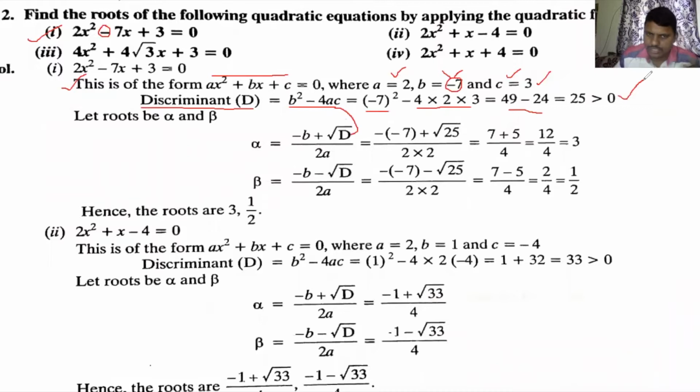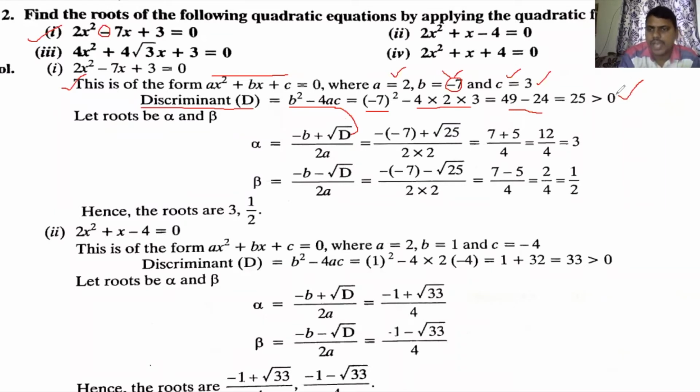Because I told you at the start that there are 2 conditions: a not equal to 0, and b square minus 4ac is greater than 0. Yes or no? We discussed it. Yes, sir. So I'm checking that.